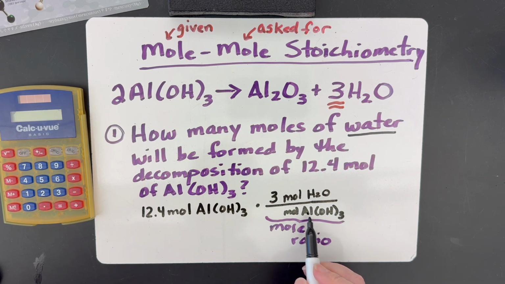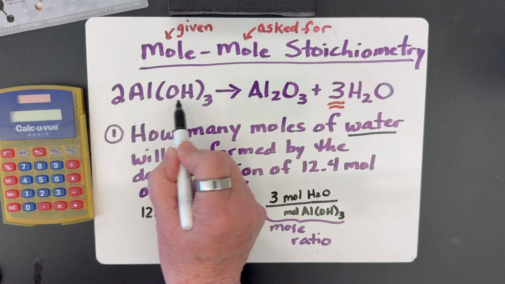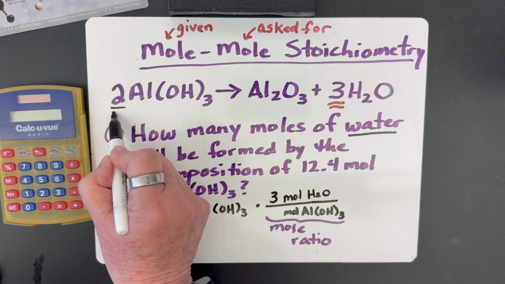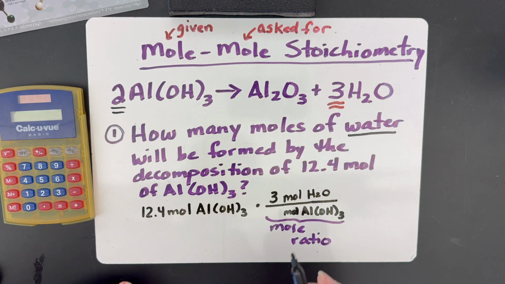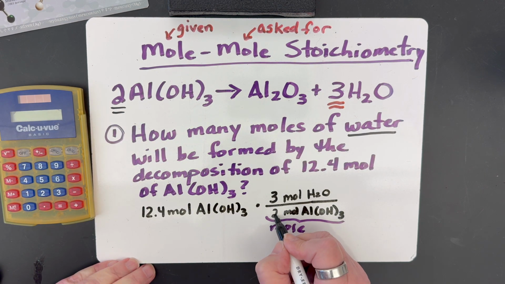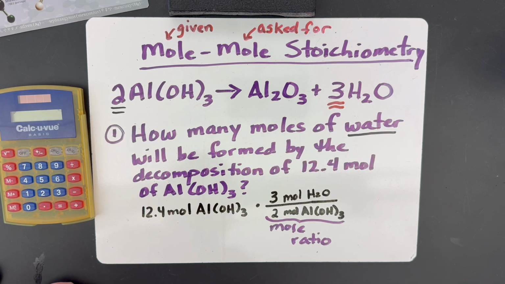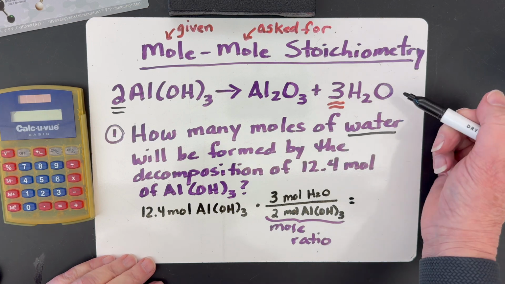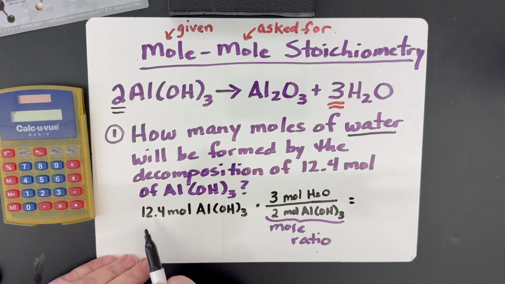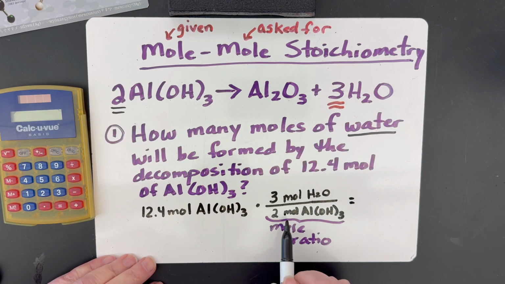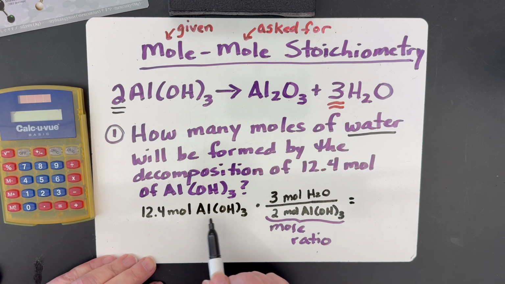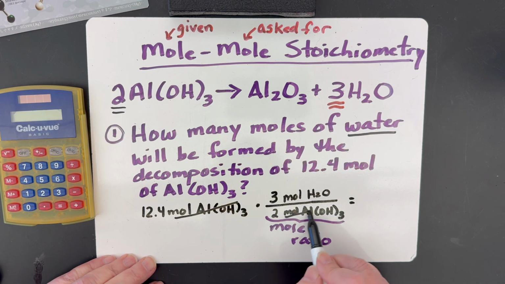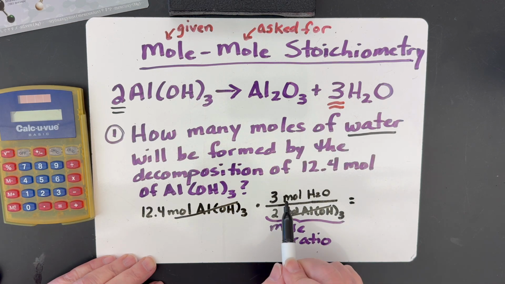And then we go to our aluminum hydroxide, which was at the beginning. Its coefficient is 2, so I'm going to put a 2 in front of it. And that is it. You just balance your equation and then take your given and multiply it by your mole ratio. Whatever you're given is going to go on the bottom so that these units cancel and you're just left with whatever's on top.